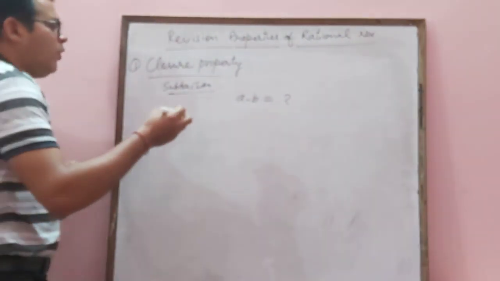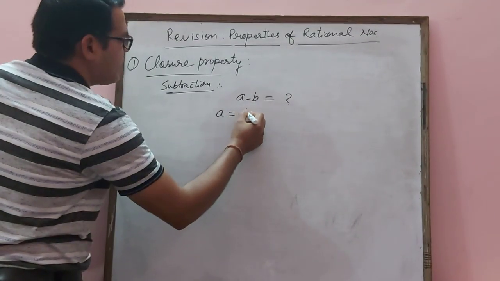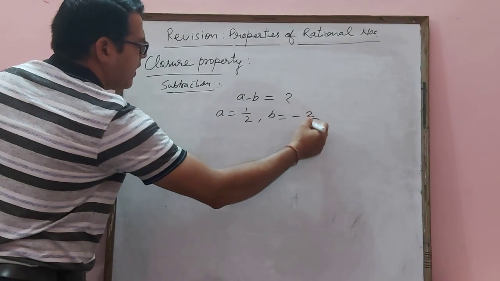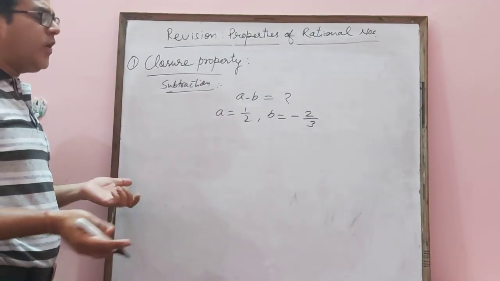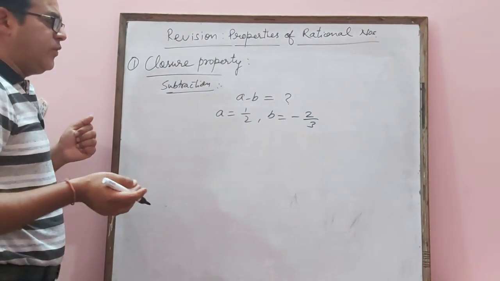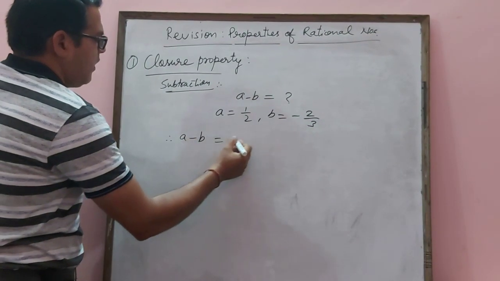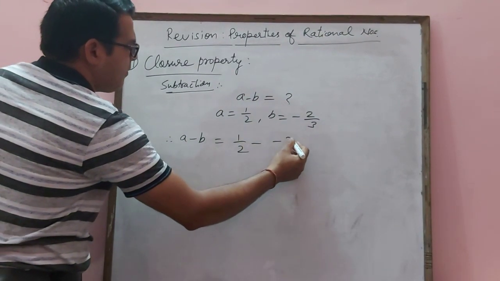So let the value of A be 1 by 2 and the value of B be minus 2 by 3, we are taking again. You can take any values there. So A minus B, 1 by 2 minus minus 2 by 3.